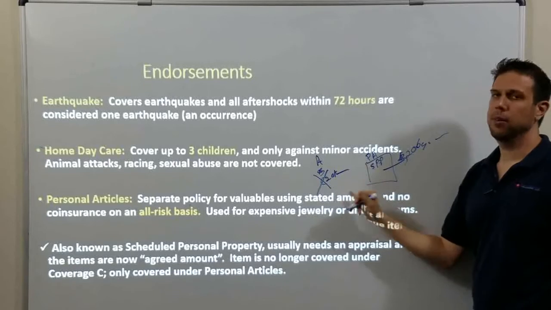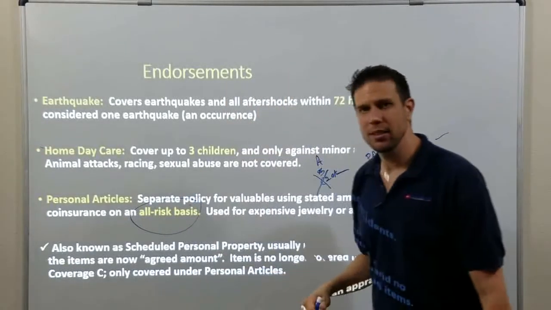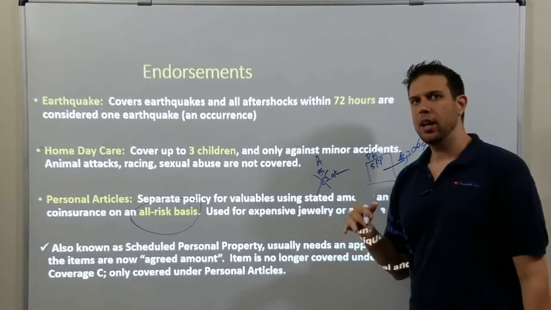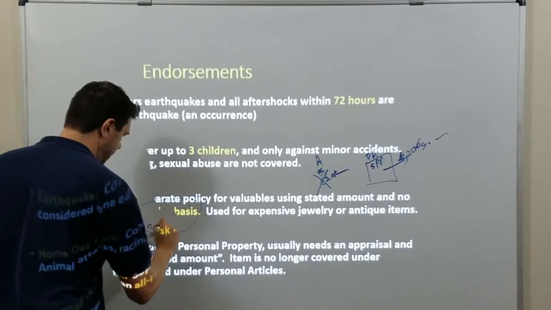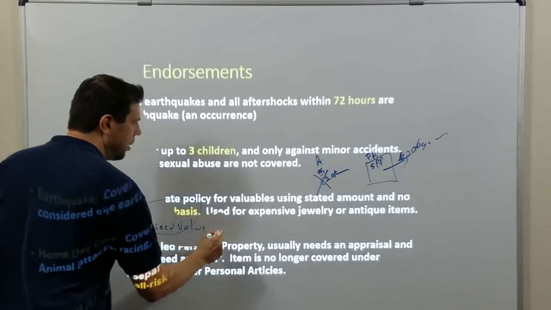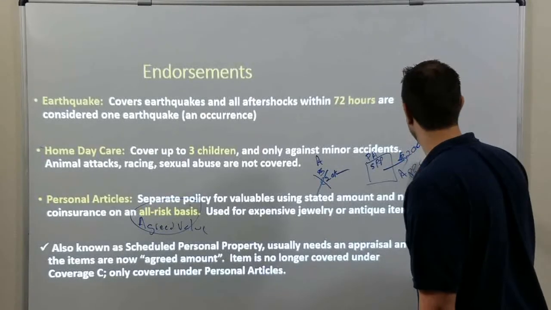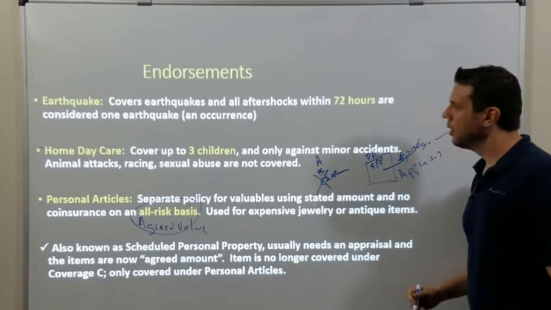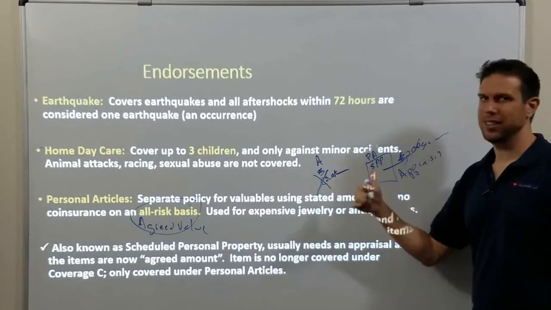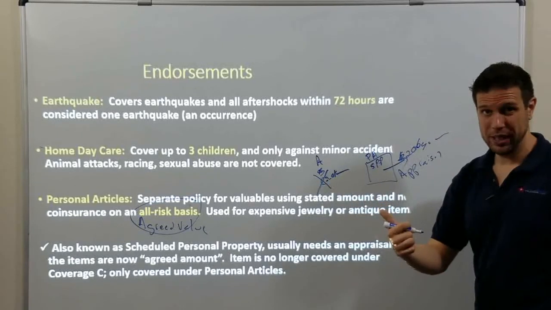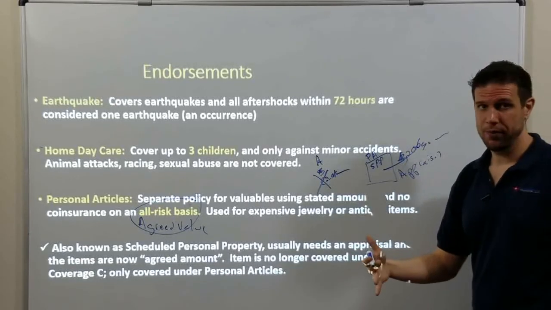But now that ring is covered on an all-risk basis on the agreed value. Because typically you have to have an appraisal to do this. So if you remember, contents coverage C is actual cash value, and it doesn't cover everything. It's broad.